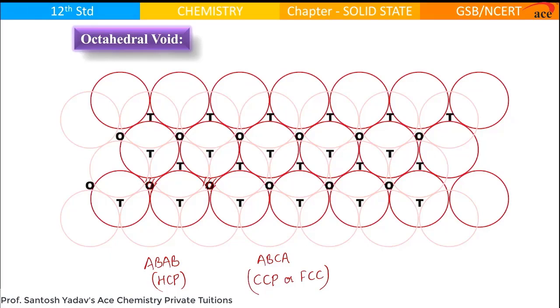Now, if you pick any octahedral void, imagine the spheres present below, which have been shown by shaded or lighter red color lines.